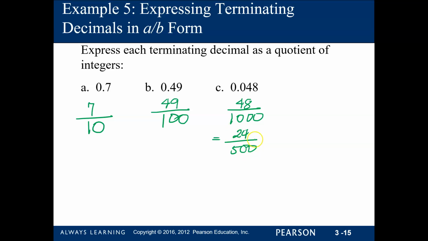And you can still divide this by 2 again. So this will be 12 over 250, and you can still divide by another 2. And that will be 6 over 125. In this case, that is already the lowest term because you cannot reduce it anymore.